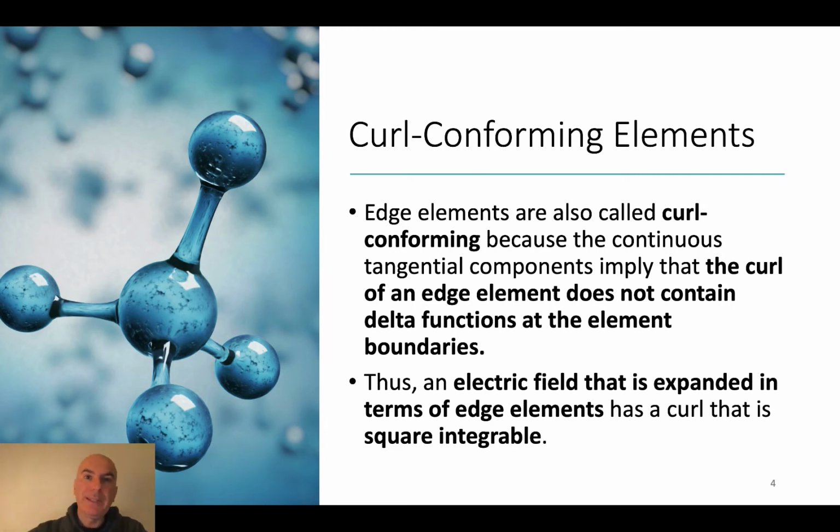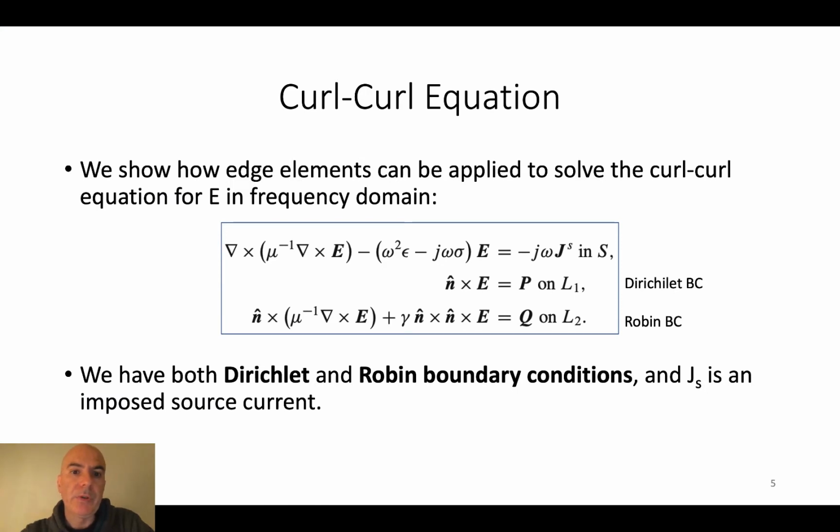So if we calculate the curl at an element boundary, the solution doesn't contain any delta function. This is the definition of curl conforming. For this reason, an electric field that is expanded in terms of edge elements as basis functions has a curl that is square integrable.